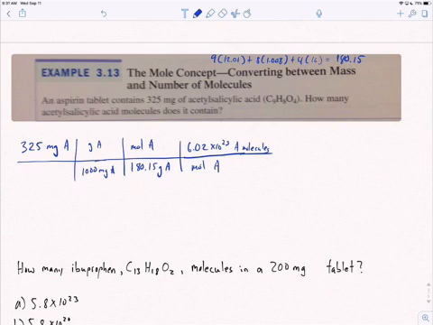If you look at the units, milligrams cancel, grams cancel, moles cancel, leaving what we want, aspirin molecules. And this is going to be 1.09 times 10 to the 21st aspirin molecules.